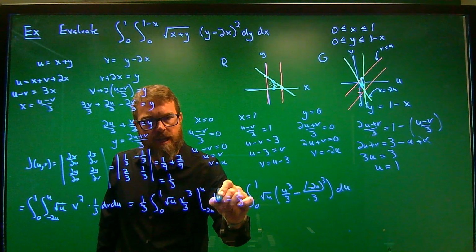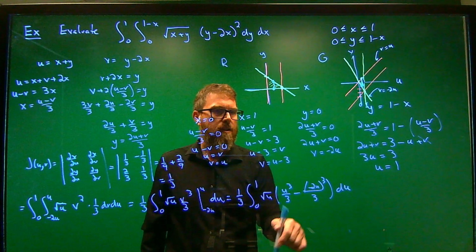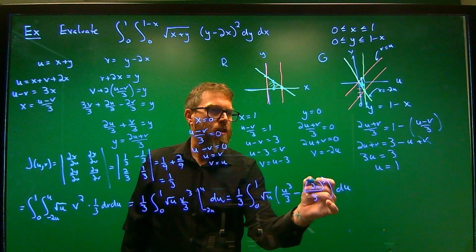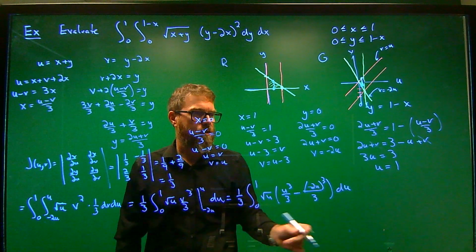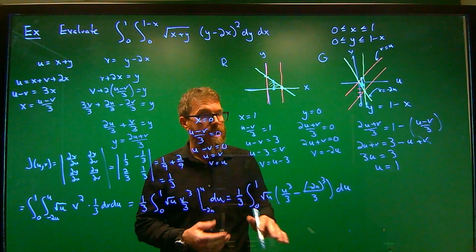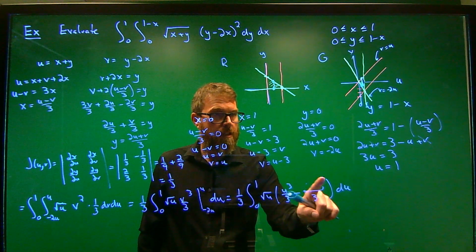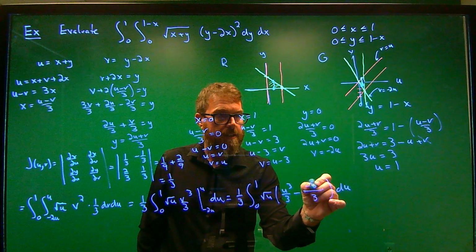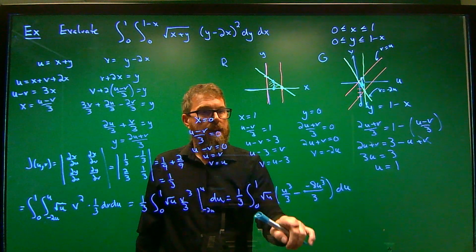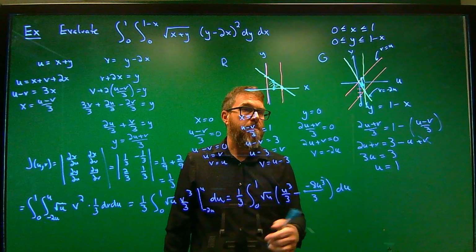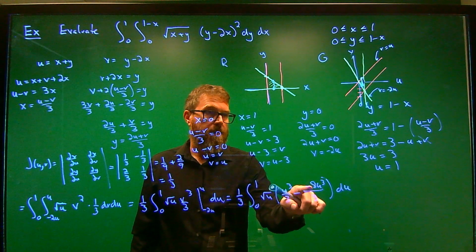Now let's investigate this simplification. Negative 2u cubed is negative 2 times negative 2 times negative 2, which is negative 8u cubed. Now minus a minus 8u cubed becomes positive 8u cubed.